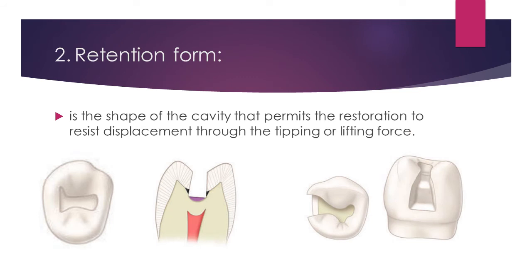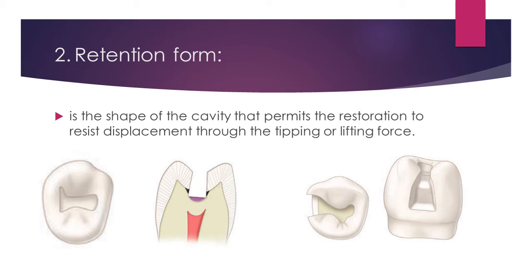Also I have retention form. It's the shape of the cavity that permits the restoration to resist displacement through tipping or lifting force. Here I have several factors that permit the restoration to withstand the occlusal force without dislodgement from the cavity, as the amalgam has mechanical retention and does not have chemical retention to the tooth surface.